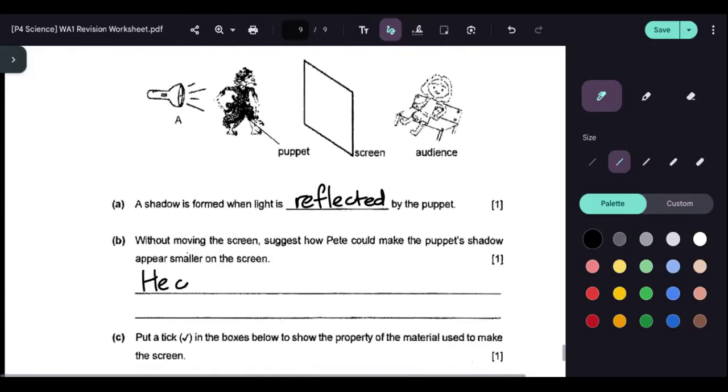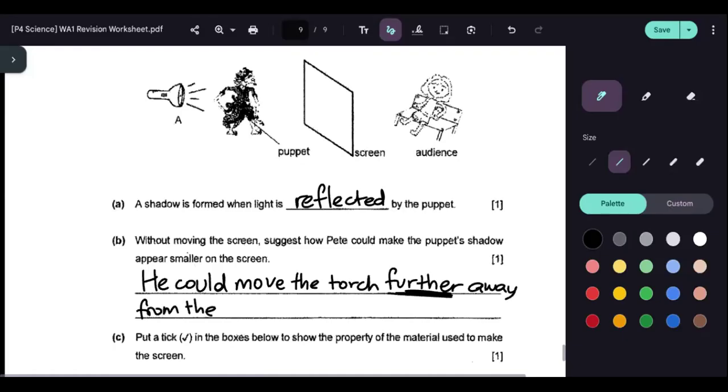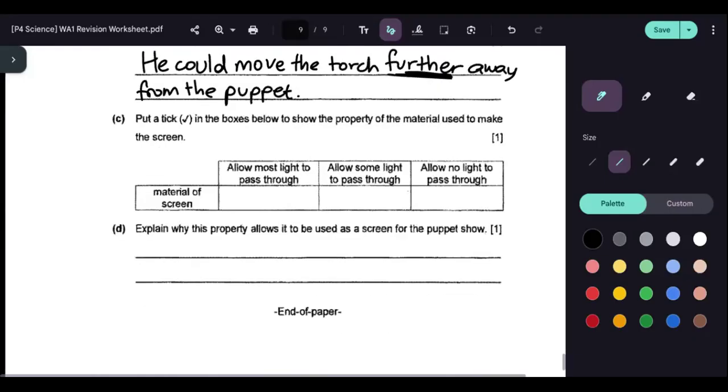So you can write, he could move the torch further, okay, keyword further, away from the puppet, like that.